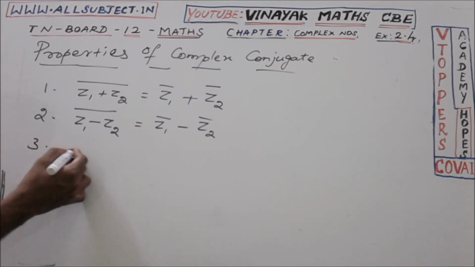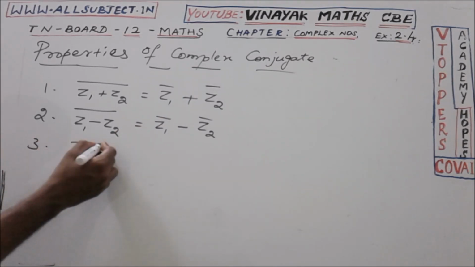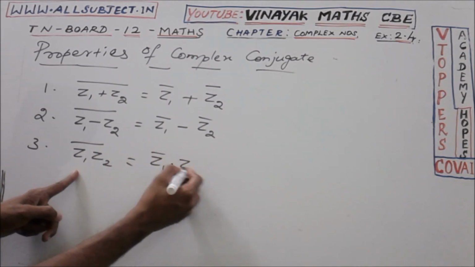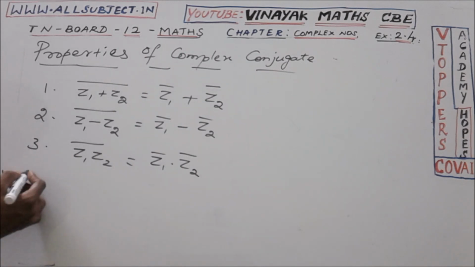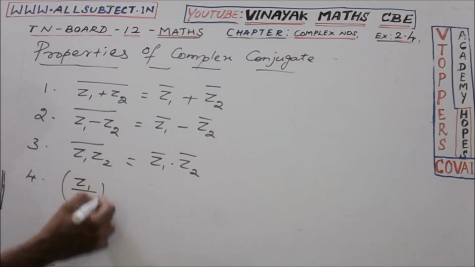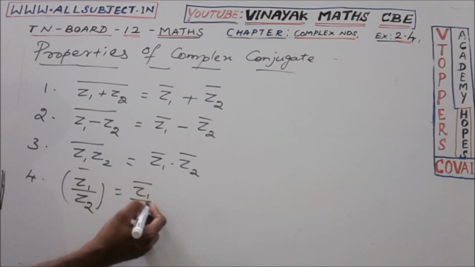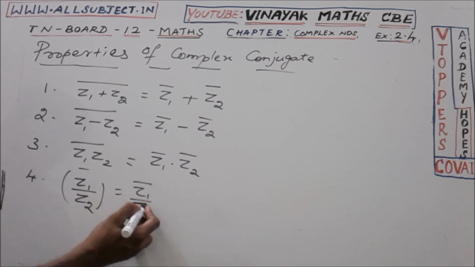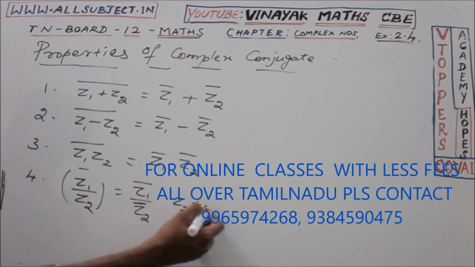And third one, conjugate of the product of two complex numbers will be equal to the product of their individual conjugates. And then fourth one, Z1 by Z2 whole bar will be equal to Z1 bar divided by Z2 bar. The same case is applicable in division when Z2 is a non-zero complex number.